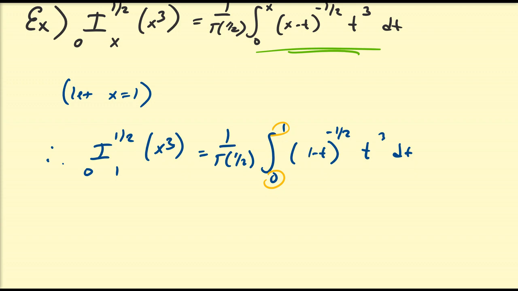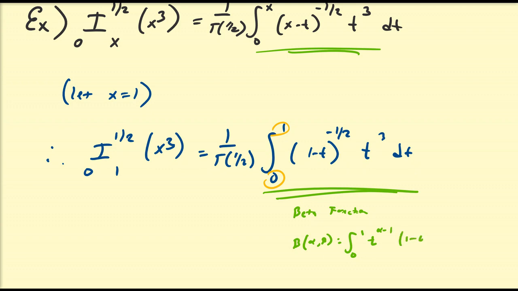So this function should look familiar. This should look familiar to be the beta function. So remember, the beta function of alpha comma beta is going to be the integral from 0 to 1 of t to the alpha minus 1 times 1 minus t to the beta minus 1 dt.